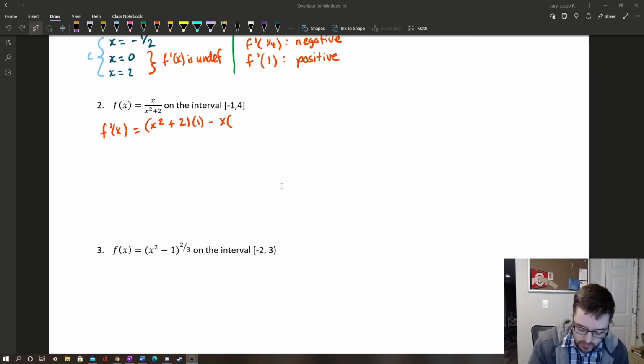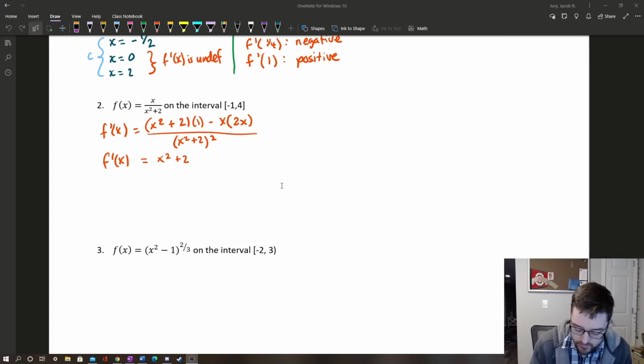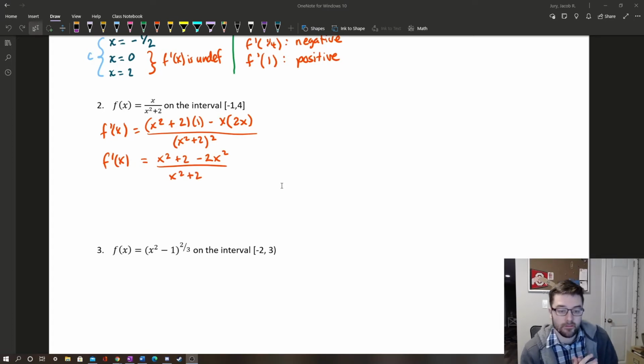All right, so this looks pretty complicated, especially compared to what we just did when we set this equal to 0. But we don't want to set it equal to 0 as is because it's too much. We want to simplify the numerator some. So I'm going to have x squared plus 2 minus 2x squared, and that's all over x squared plus 2 squared.